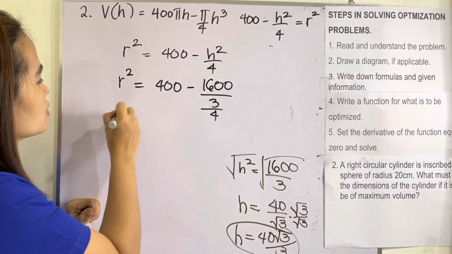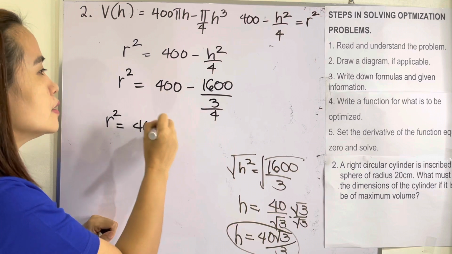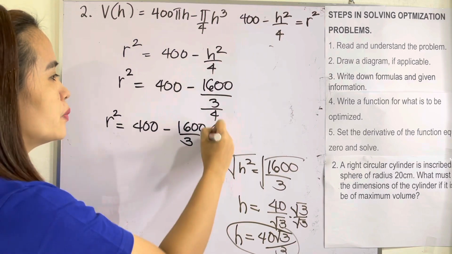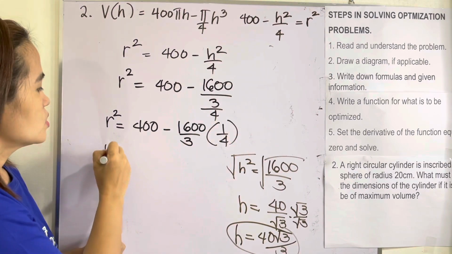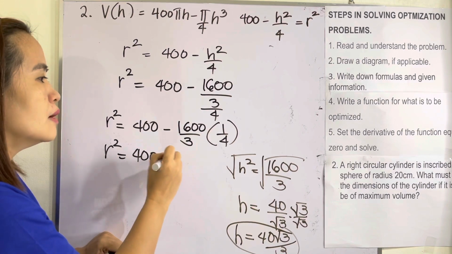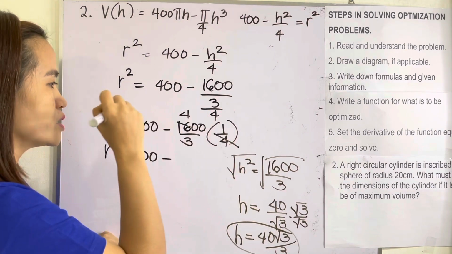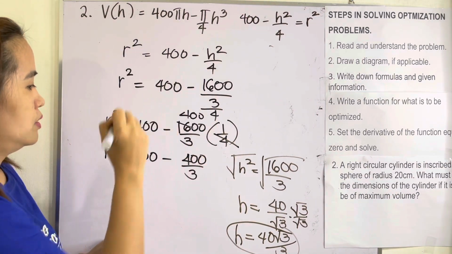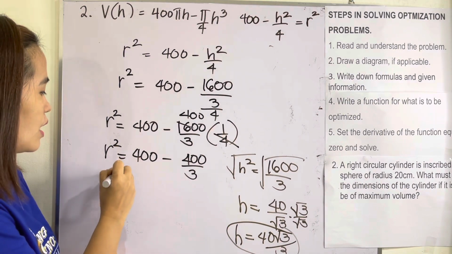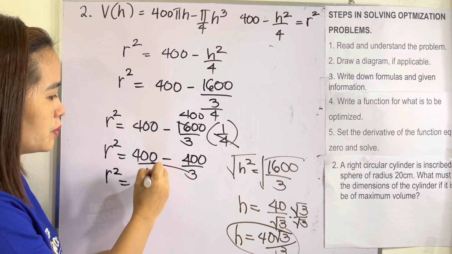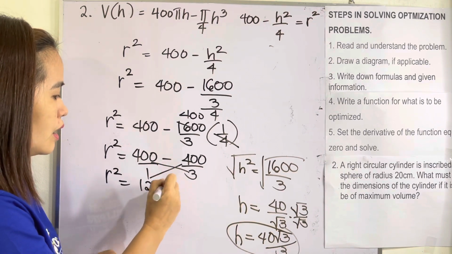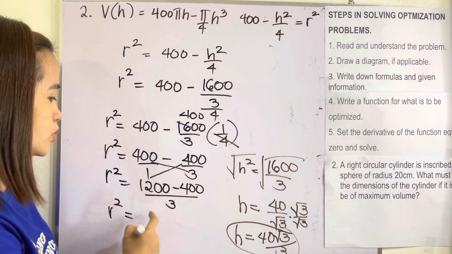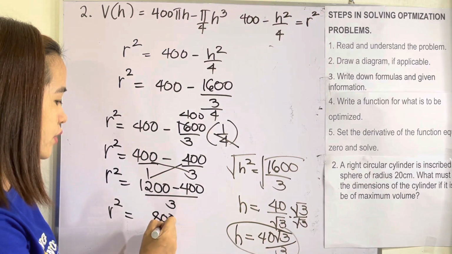So this is now r squared is equal to 400 minus 1,600 over 3 multiplied by the reciprocal 1/4. So r squared is equal to 400 minus 400 over 3. So this is now r squared equals, you cross multiply, 1,200 minus 400 over 3. So r squared is equal to 800 over 3.